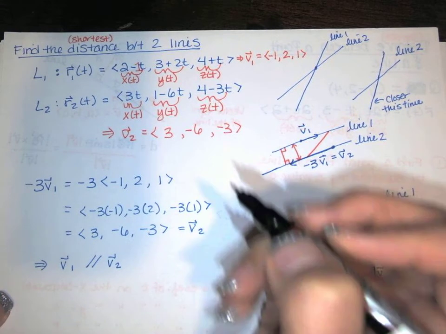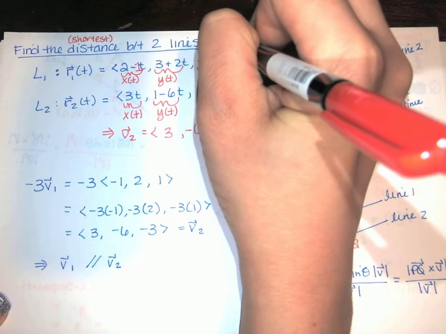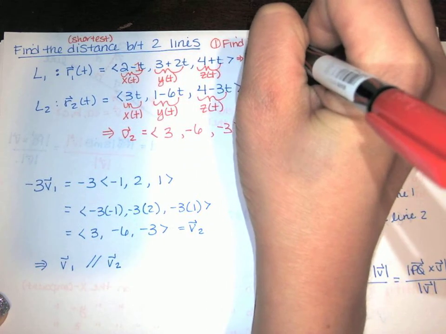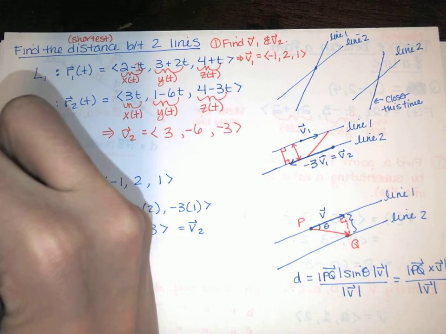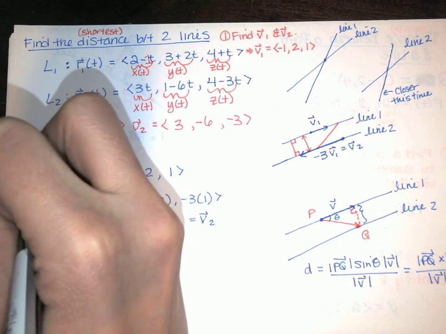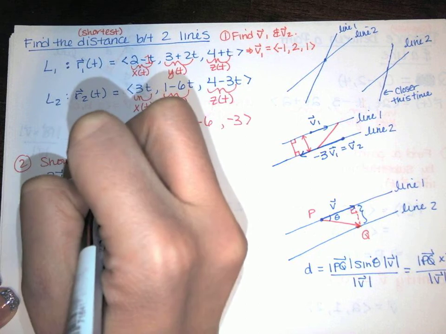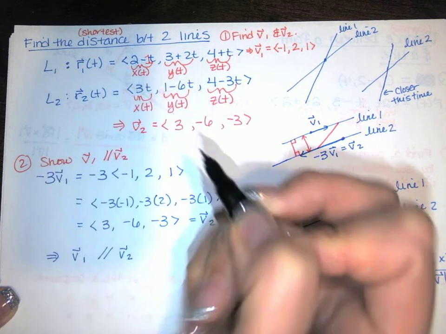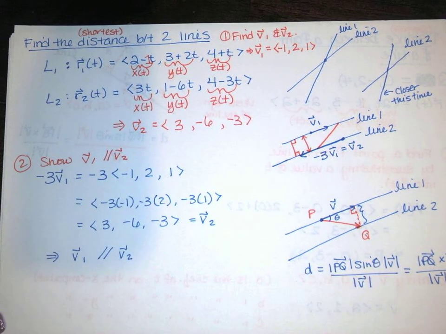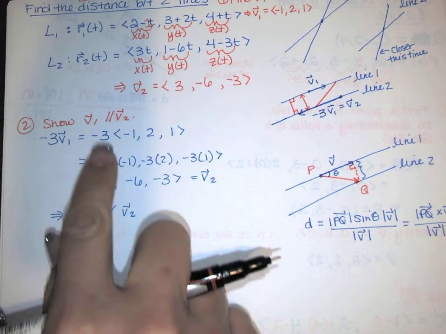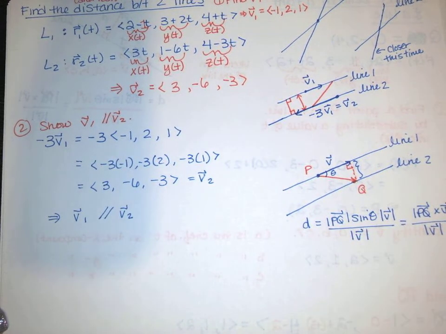Okay, so the very first thing we did was we found the direction vectors of both lines. Then we showed that the direction vectors are parallel. Given that the direction vectors are parallel, the distance between the two lines can be found using this formula.